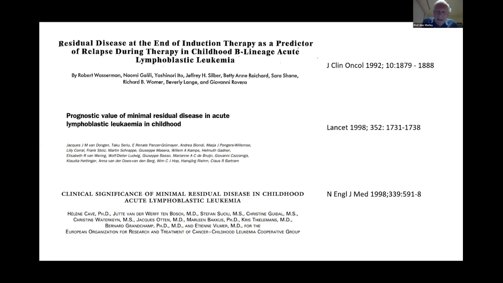But then in 1998, there were 2 large studies led by Jacques van Dongen and Helene Cave, and they really made monitoring residual disease popular. Both of these studies use the strategy of a molecular labeled probe to probe either a clonal library or PCR amplicons.